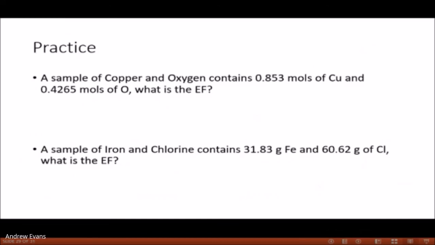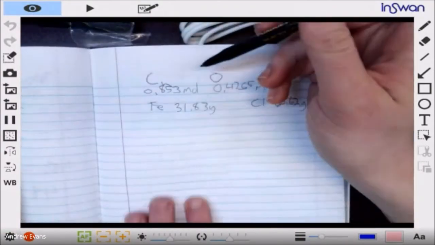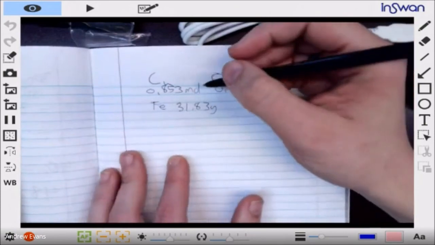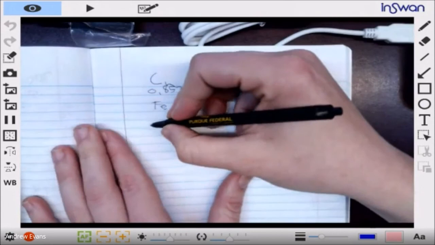Okay, now let's go to the first one here. When we already have moles, don't look a gift horse in the mouth. How do you get a mole ratio? We're going to divide the bigger number by the smaller number.